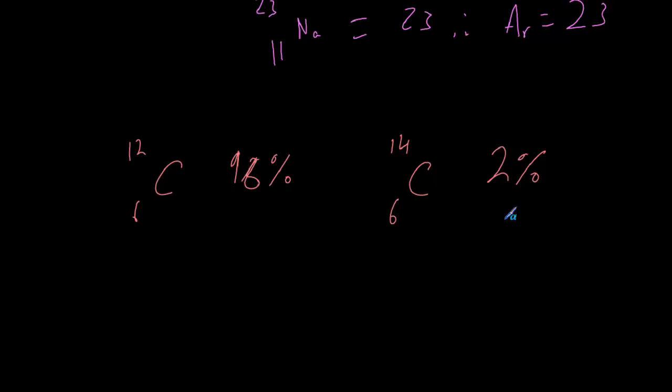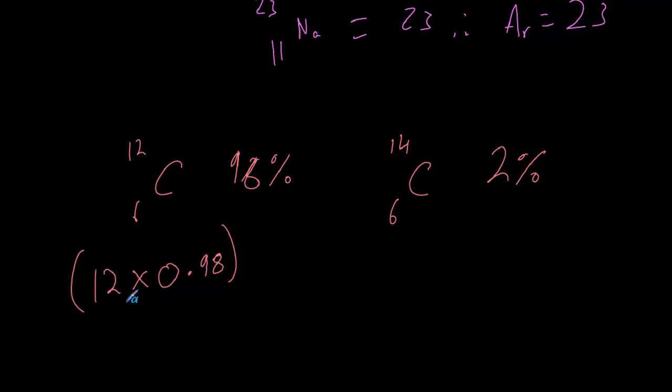Now there are a few ways of doing this, but I find the easiest way is to think of a percentage as a decimal. And so what I will do is I'll take the mass of carbon 12, which is of course 12, and I'll times it by our percentage as a decimal, which is 0.98.